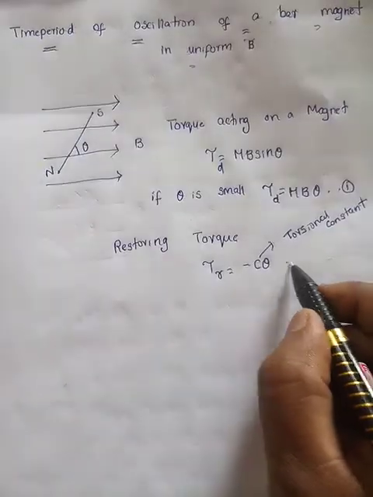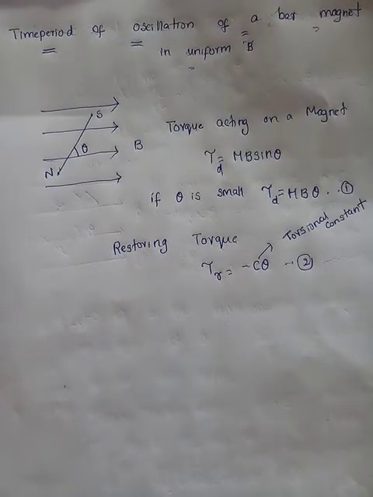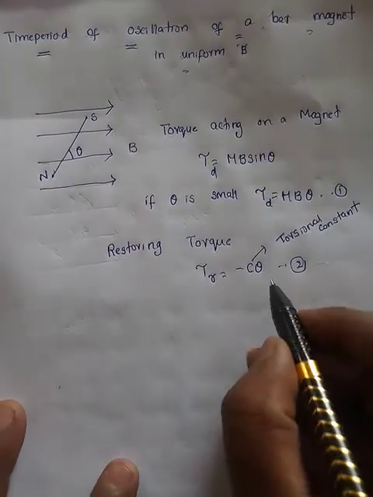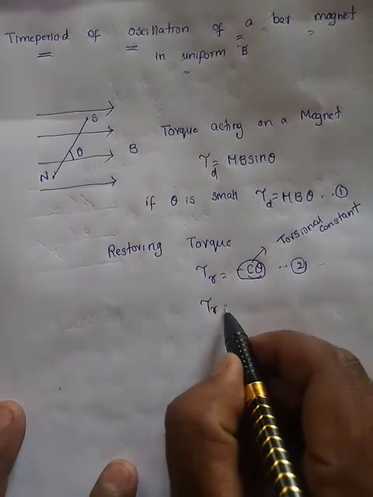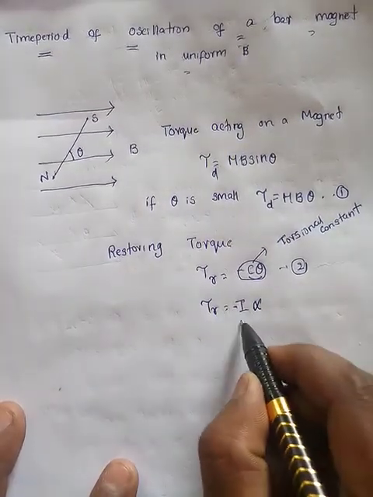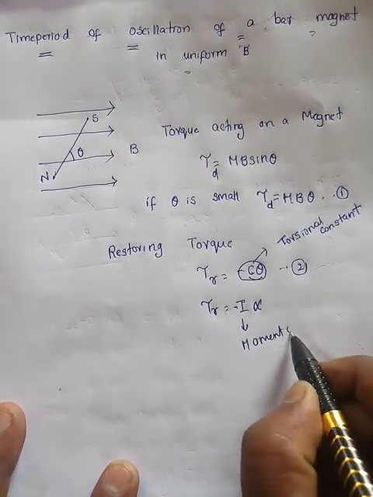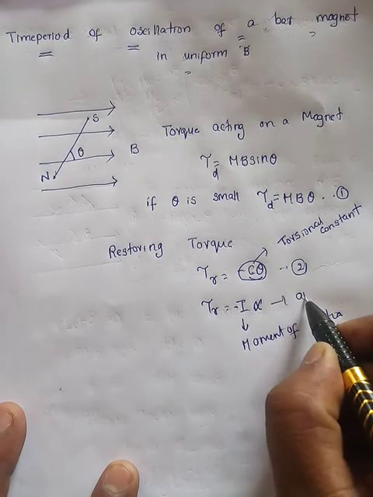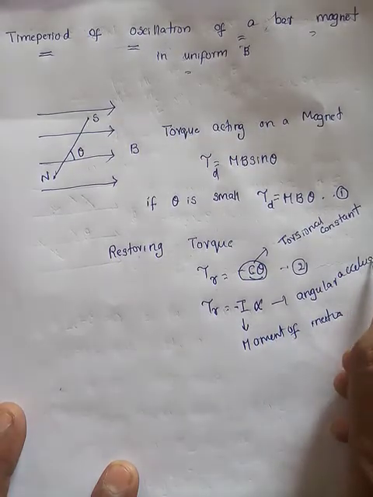Right? What happens now? If it is at equilibrium, the deflecting torque is equal to the restoring torque, right? Sorry, tau equals c theta is for a spring constant. For a body having moment of inertia, it is I alpha. I into alpha. What is I? I is called the moment of inertia. Alpha is equal to what? Angular acceleration.